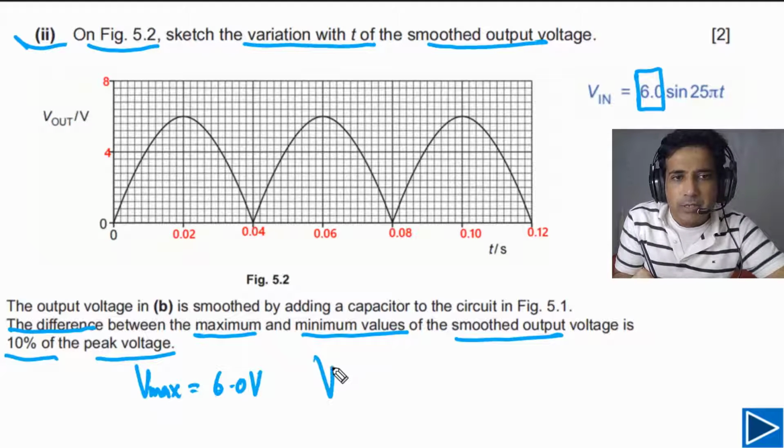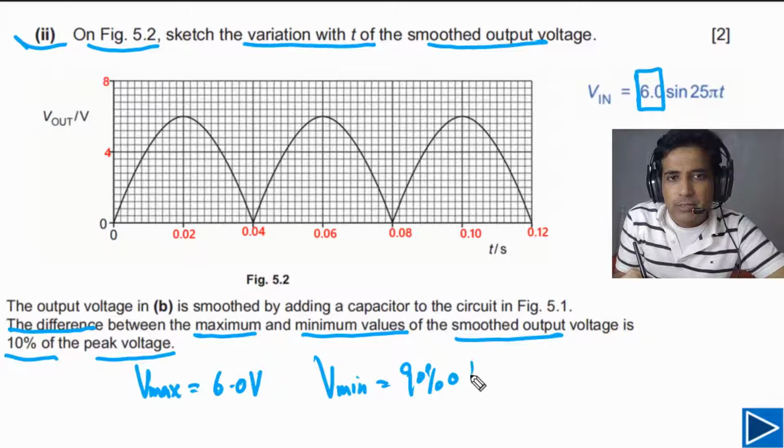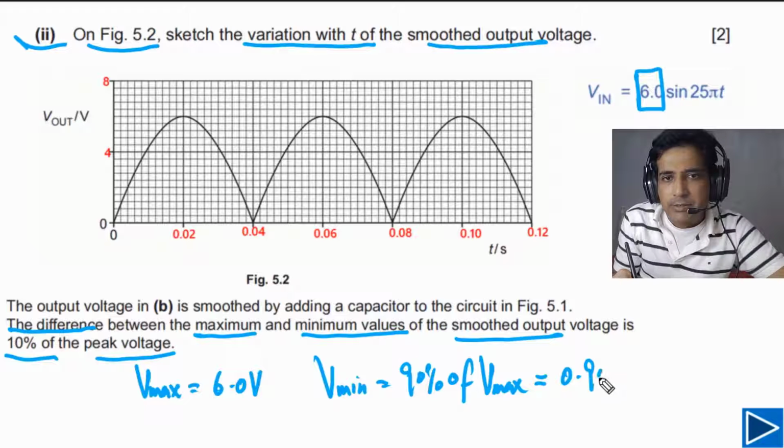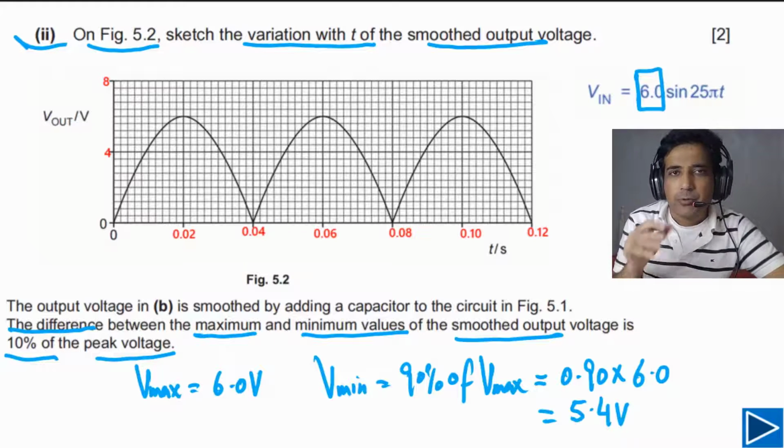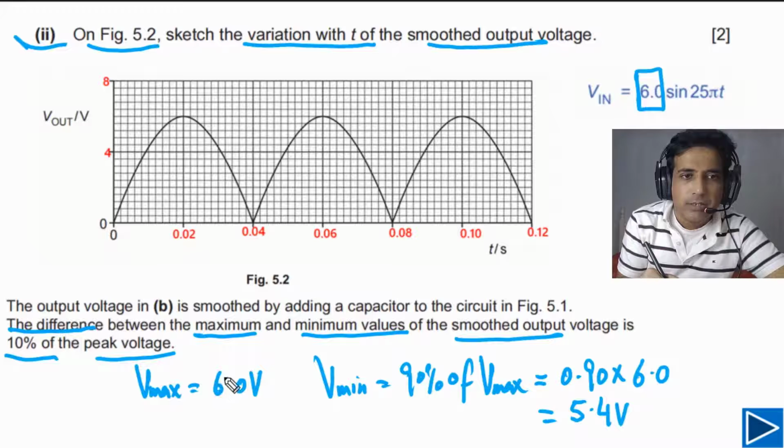So the V minimum has to be equal to 90% of the peak voltage, 90% of V max. Or simply we can say 0.90 multiplied by 6.0, and this one will be equal to 5.4 volts. So this is the minimum value of the voltage across load resistor, and this one is the maximum value.